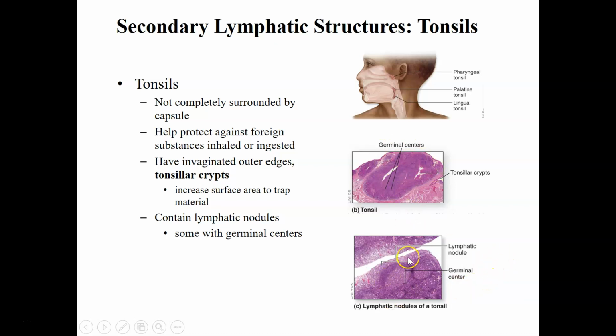And this is a magnification of this, and basically showing that if you look at the structure inside the tonsil, it's very similar to what you see in a lymph node. There is a germinal center, which is rich with B cells and sort of surrounded by a mantle zone, rich in T cells and macrophages. It's not covered by a capsule, but it's a bunch of these nodules kind of grouped together inside of a tonsil.